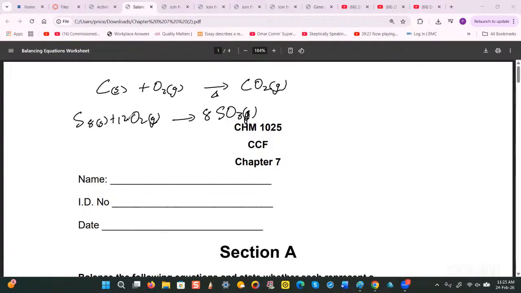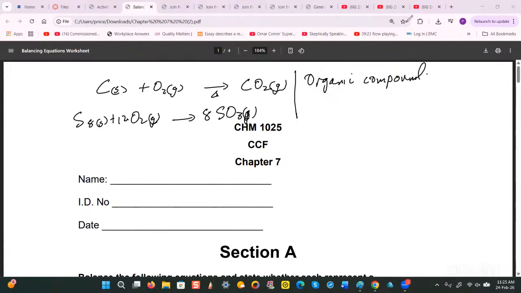So these are two examples of actual elements which when burnt in air produce oxides of the element. Now, when it comes to a group of compounds known as organic compounds, we can also have a situation where they can experience combustion as well.